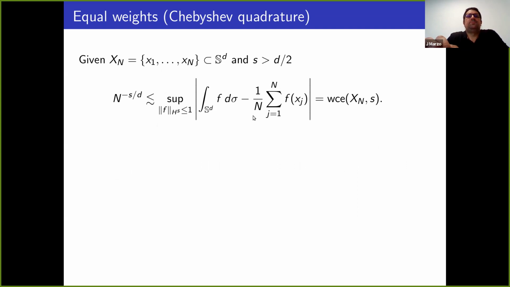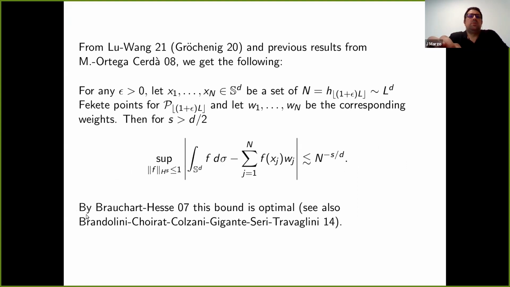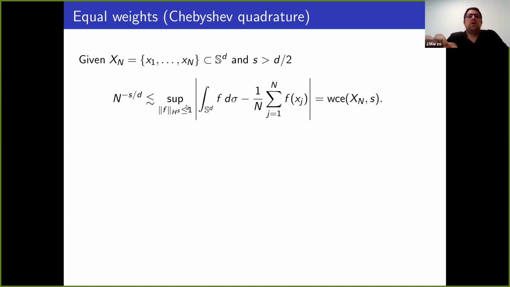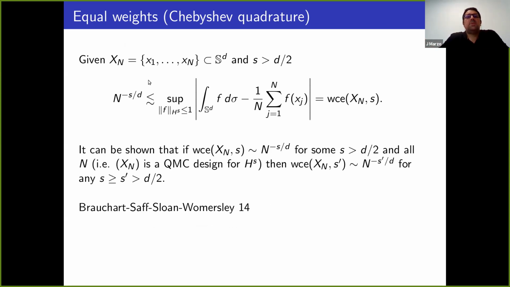And as I said, from these previous results, we know that no matter the points xn, you have a lower bound of this order. Okay. And some other interesting things happen here because let me see if I have something.